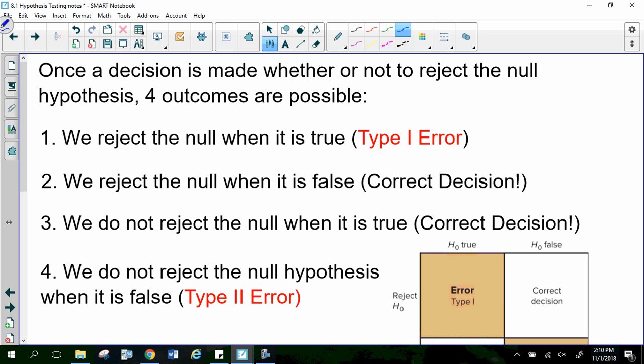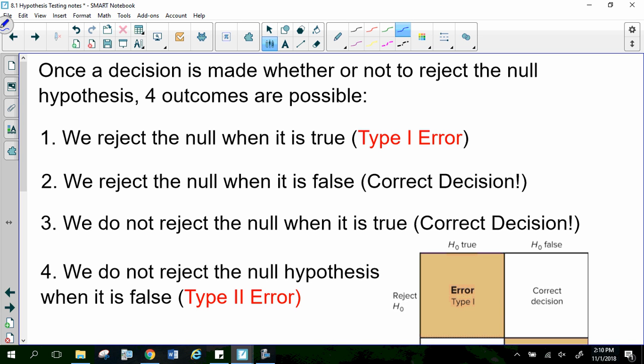What would a type 1 error be? Reject the null when it is true. H0 was innocent. H1 was guilty.